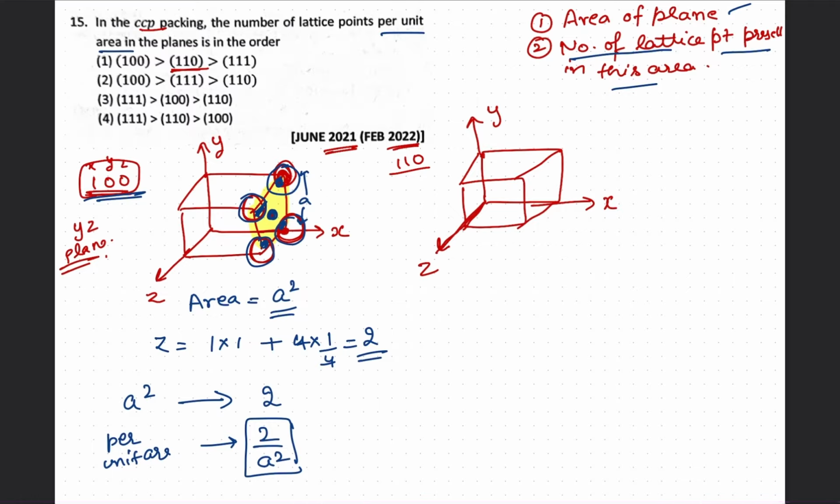Now see, 1 means here X intercept, Y intercept, okay? So you have to draw like this: X intercept, Y intercept, but it is not cutting Z, okay, only X and Y.